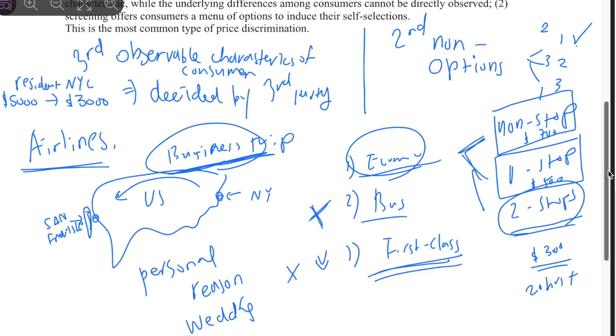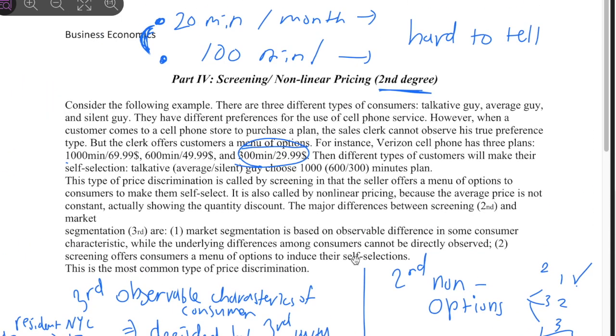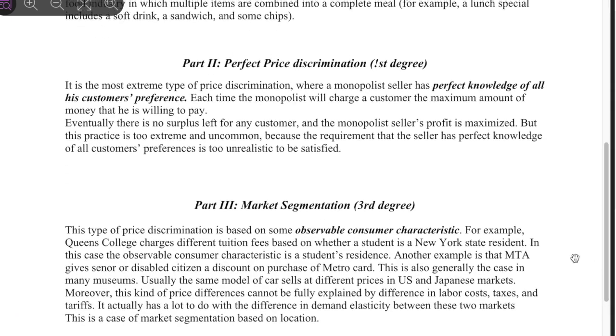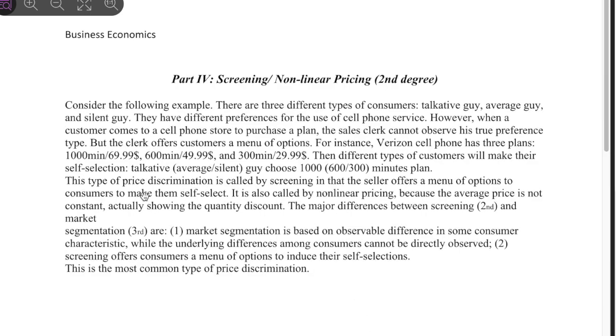So why is this happening? Because number 1 type, right? Let's go back. The first degree type, the perfect price discrimination, is hard to happen, and the monopolists can make the most of their profit when they are meeting all of the consumer demand, right?